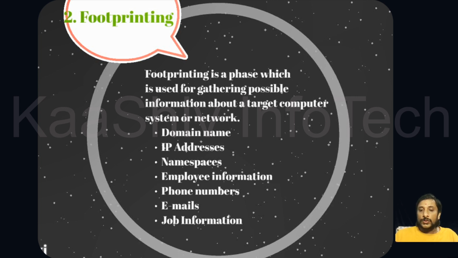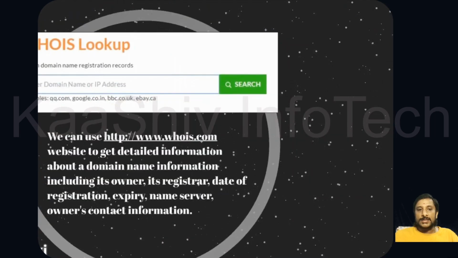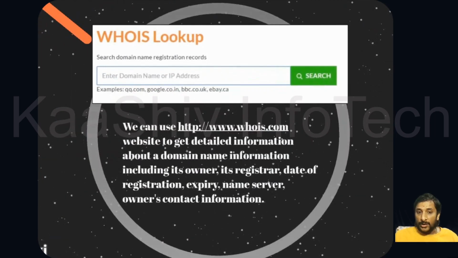As I told you, the second step is footprinting. From there, the step moves on. So here is the one I'm trying to show you: Whois lookup. Whois gives some basic information about your domain. That is the website whois.com. I'll give the websites and everything. I'm telling a typical example.